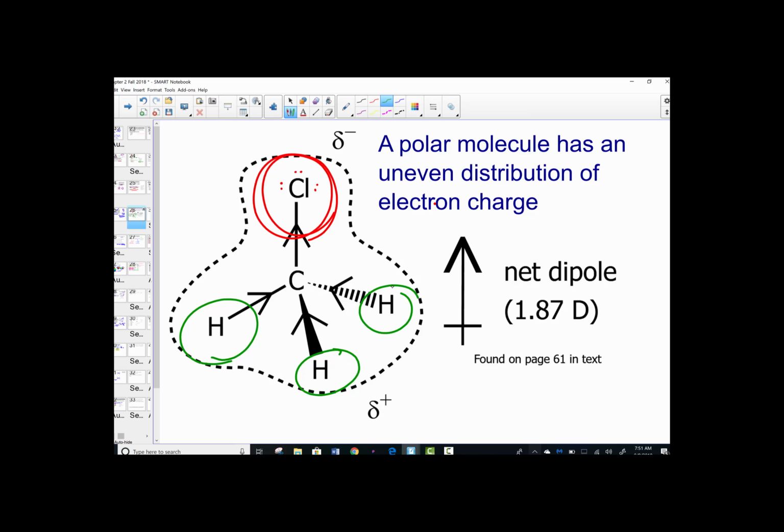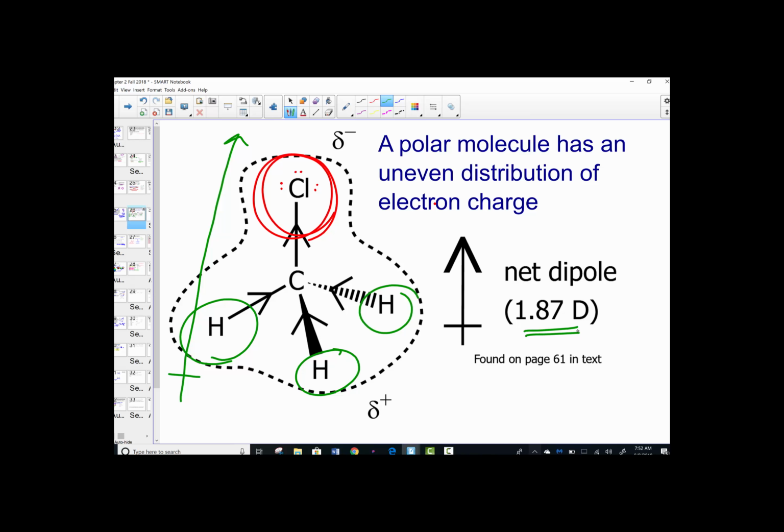So the entire molecule has the electrons being pulled to the most electronegative region, towards the chlorine. So I can see that it's polar based on symmetry. Chlorine is more electronegative, pulling electrons. It will have a dipole moment.